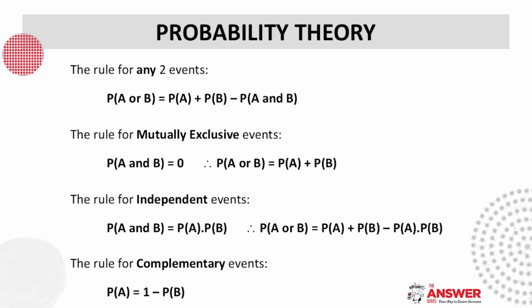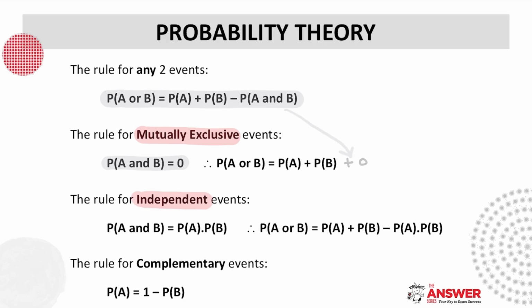It feels like a good moment to capture a quick summary of the theory we have covered so far. It may be a nice idea for you to make notes somewhere for yourselves as well. So the rule that is true for any two events. Then the rule for mutually exclusive events, P of A and B equals 0. And we can see how this impacts the general rule, where this is just plus 0 on the end.